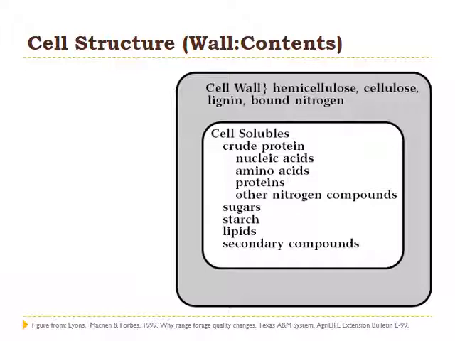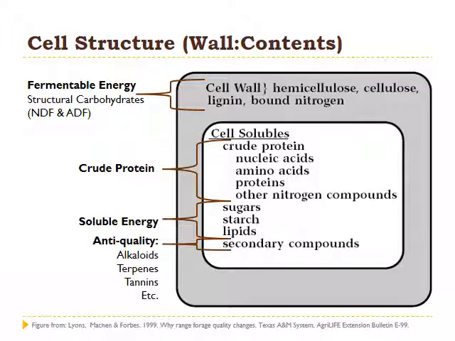This figure here is from an article by Lyons, which is required reading for the class, so I'm just bringing it up here to jog your memory. Again, we have those fermentable energy sources in the cell wall, the structural carbohydrates. If we send them to the lab, they would come back as fractions of NDF, neutral detergent fiber, or ADF, acid detergent fiber.